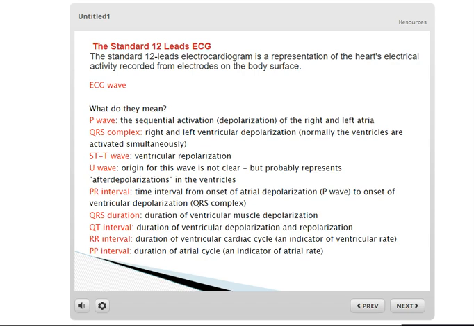PP interval: duration of the atrial cycle, an indicator of the atrial rate. This comprehensive understanding of the standard 12-lead ECG and the meaning of its various components is crucial for interpreting cardiac electrical activity and diagnosing potential heart conduction abnormalities.